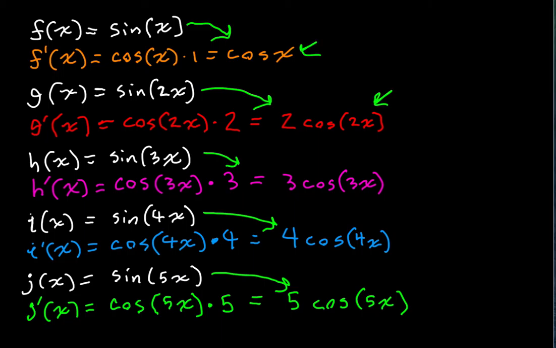In this one, it's 2x. In this one, it's 3x. In this one, it's 4x. This one is 5x. But then we also have to multiply by the derivative of the inner function, which is going to be 5, 4, 3, 2, and 1, which you can't see here, but it's there, because the x, 2x, 3x, 4x, 5x, etc., those are all linear functions.